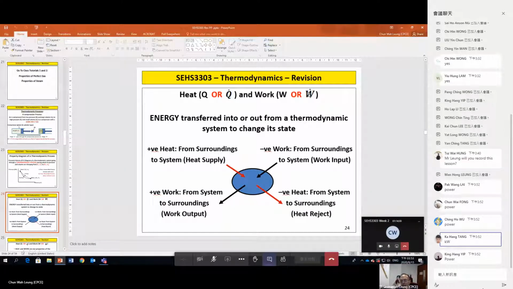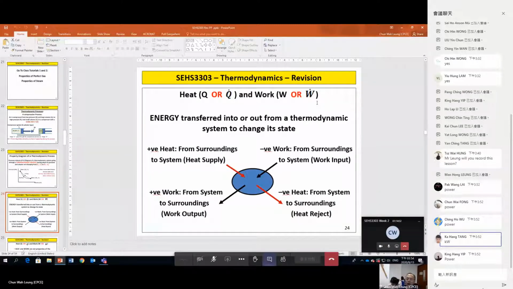Kilojoule per second is kilowatt. Work per second, we give it another name. What is that? Work per second. What is that? Power.